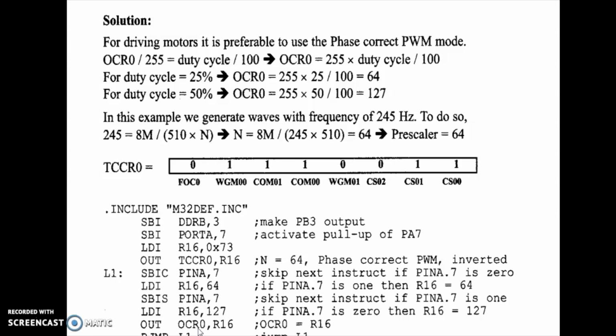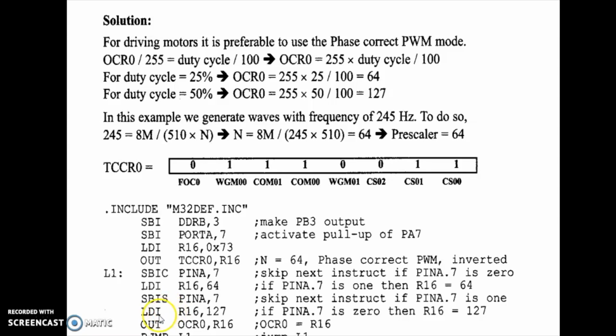Now suppose the switch is on, which means that bit 7 is 1. Then when we check SBIC PINA, 7 is executed, the condition is false. So it will execute the next step, that is R16 will be loaded with 64. Now when it comes to this instruction, that is SBIS PINA is executed, which is true.